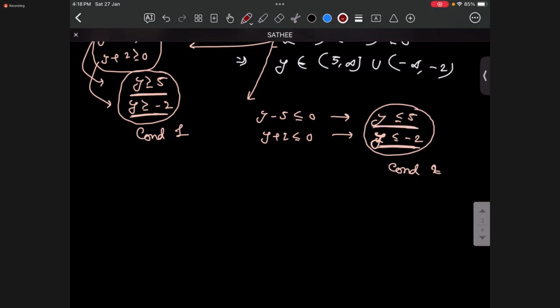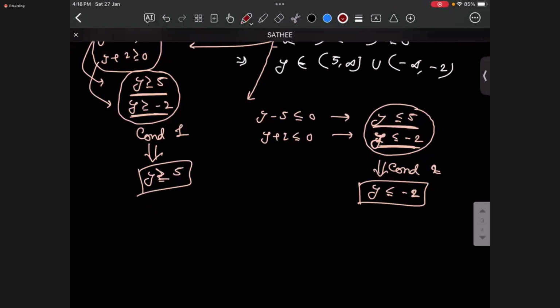So this condition can be written as y greater than or equal to 5, and this is sufficient. And this condition can be written as y less than or equal to minus 2, and this is sufficient. Now combining these two conditions, y belongs to either 5 to infinity, or y belongs to minus infinity to minus 2.